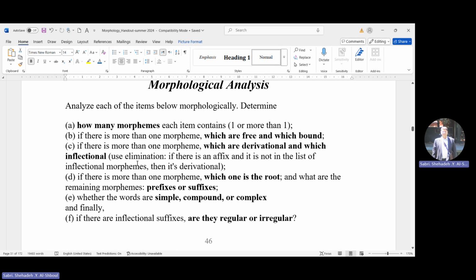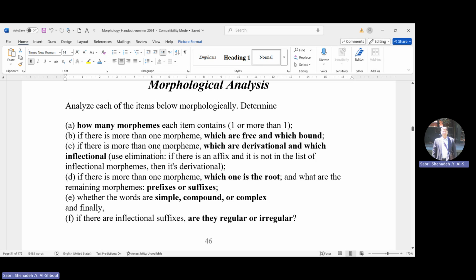Just to have a look at a morphological analysis, when we talk about morphological analysis, typically we mean how to deal with the morphemes, how to deal with the roots, stems, and so on and so forth. So here are some tips that can help us in determining how morphemes are represented, how allomorphs are also represented.